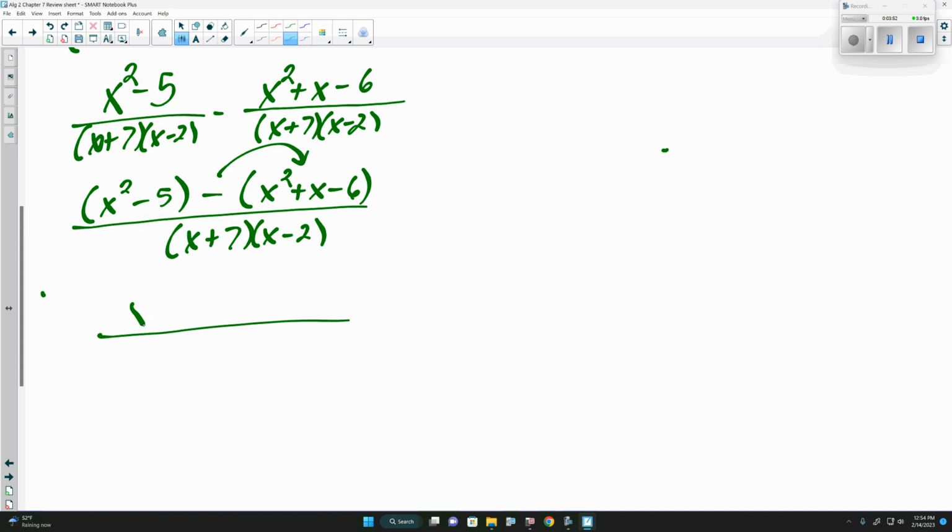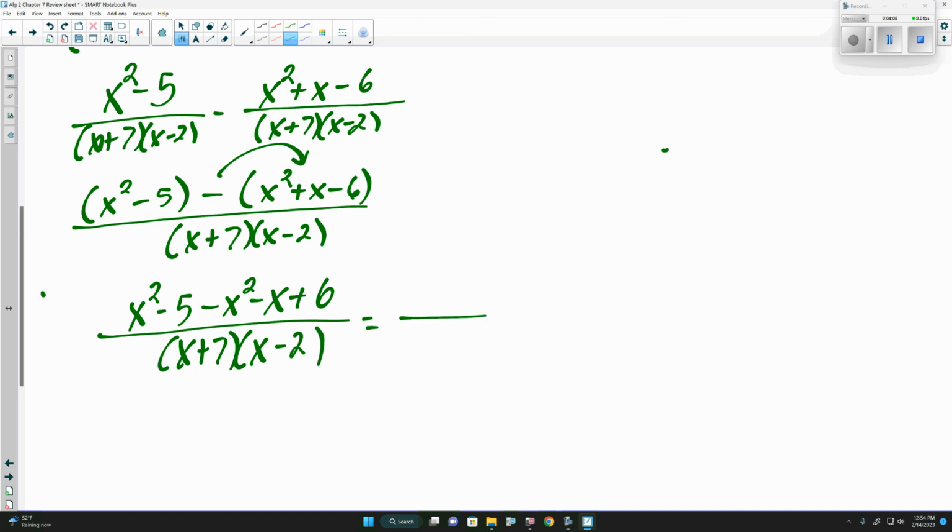The x squared minus 5 is still going to stay x squared minus 5. But the x squared is now negative x squared. Our middle x term is now negative x. And the negative 6 is now positive 6. So we had to distribute that negative through those three terms.